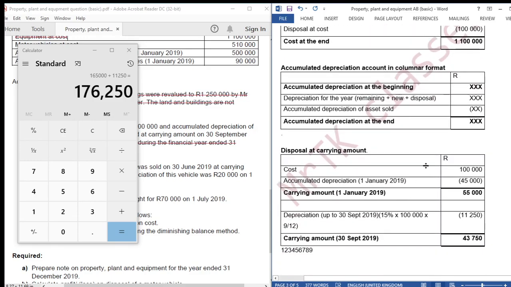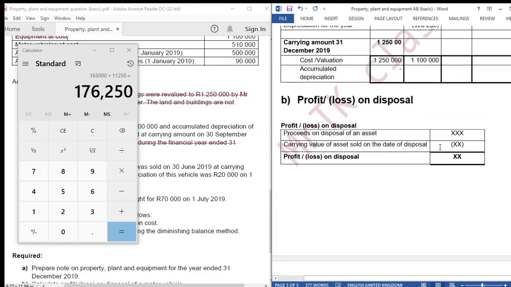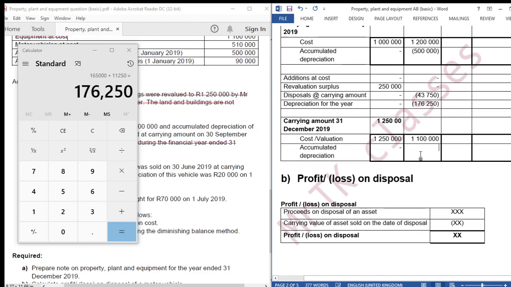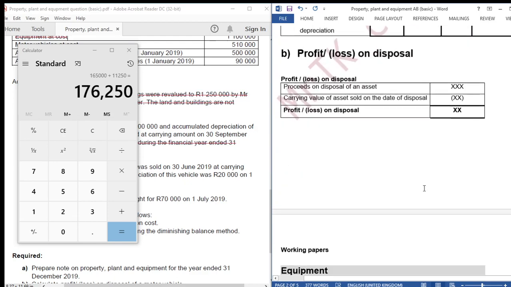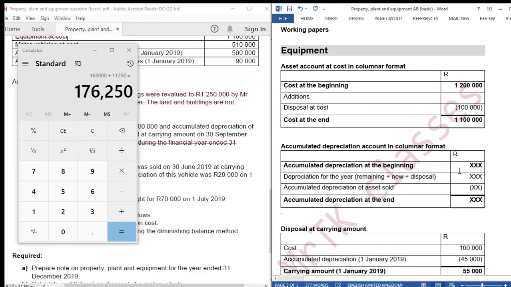And let us come here. We need to calculate accumulated depreciation at the end. So we are going to use this, right? Accumulated depreciation at the beginning plus depreciation for the year because it will increase our accumulated depreciation, right? Subtract accumulated depreciation of assets sold.